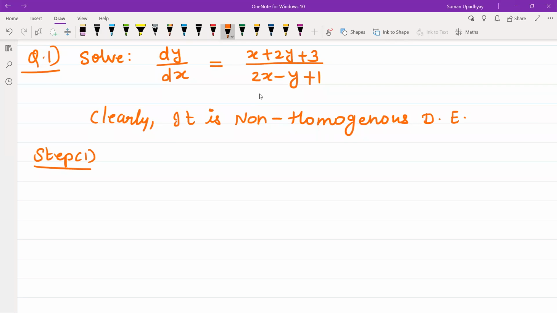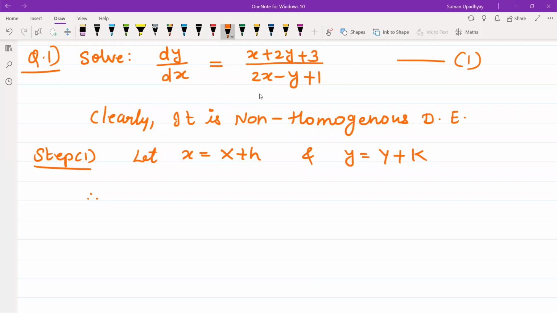How will you convert non-homogeneous into homogeneous? By taking the substitution. So let small x equal capital X plus h and small y equal capital Y plus k, and I'll be substituting that in equation number 1.